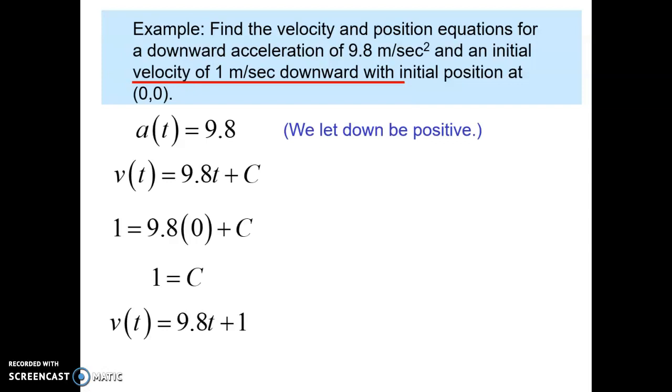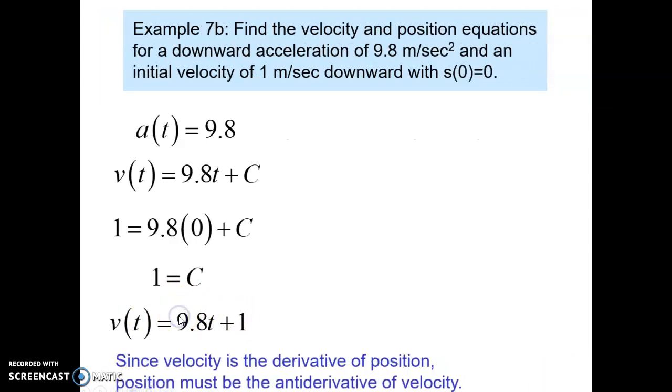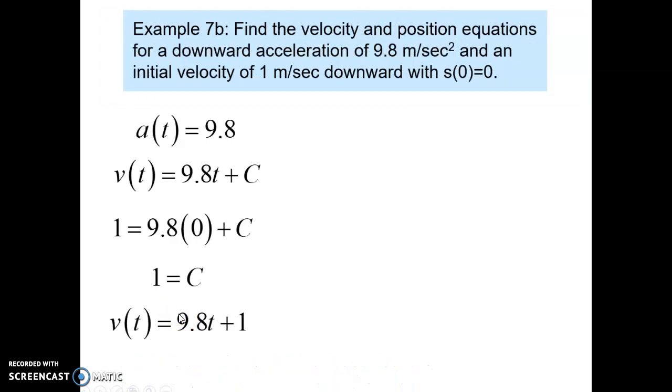They asked me for the position function, so I have to go backwards once again. Since velocity is the derivative of position, we have to take the antiderivative of velocity. The 9.8 comes to the front. I'd get t squared over 2 plus the antiderivative of 1 is just t, because we know the derivative of t is 1, plus again, possibly some constant.